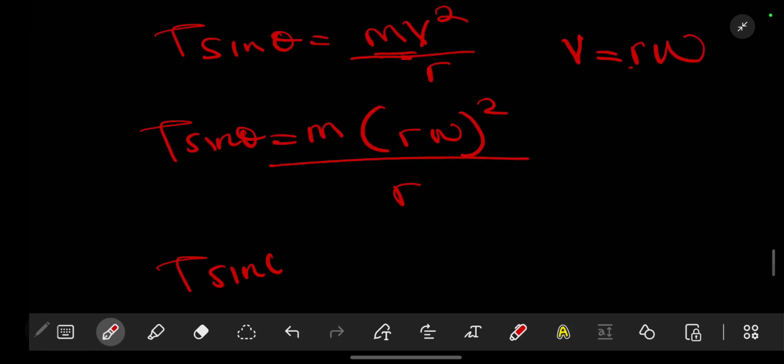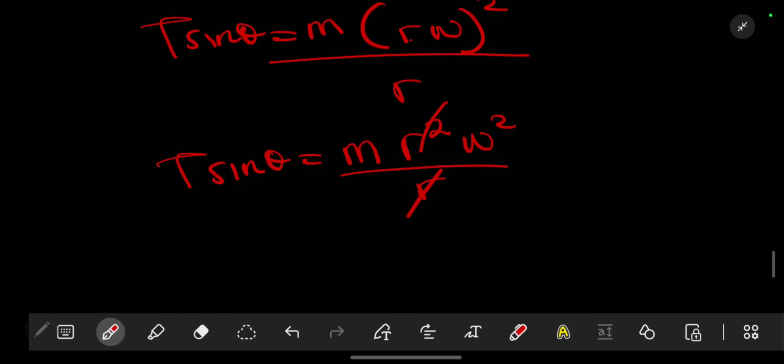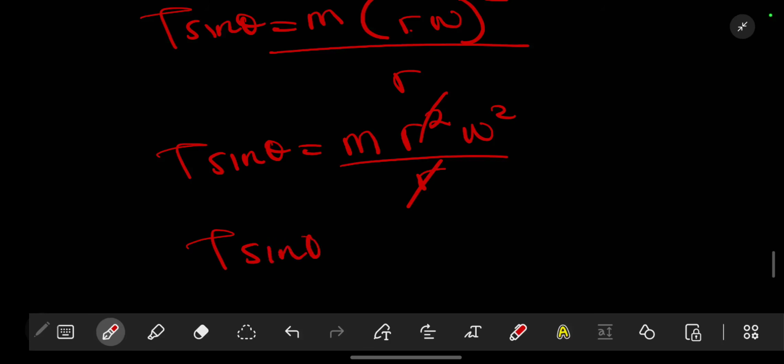So T sine of theta should be equal to the mass, then we have r, then distributing the square, omega squared over r. So this and this cancel. So we are going to have T sine of theta equal to m omega squared r.